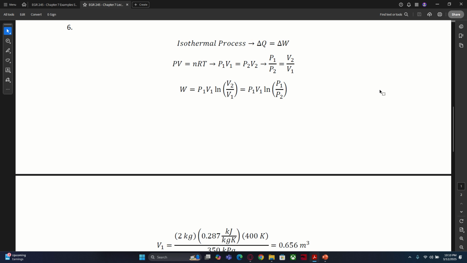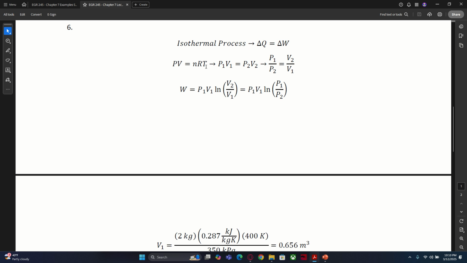Now, let's look at this process. It's an isothermal process, so the heat transfer equals the work. Going through our ideal gas law, PV equals nRT, or in reality, PV equals mRT.